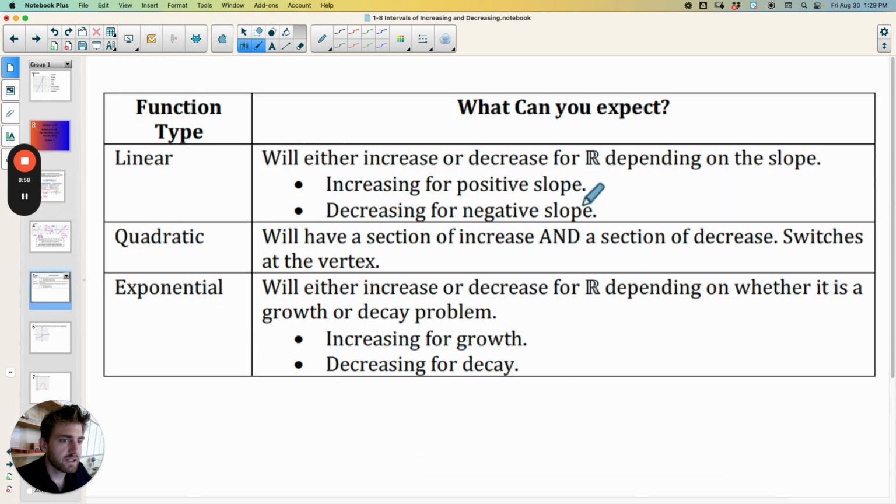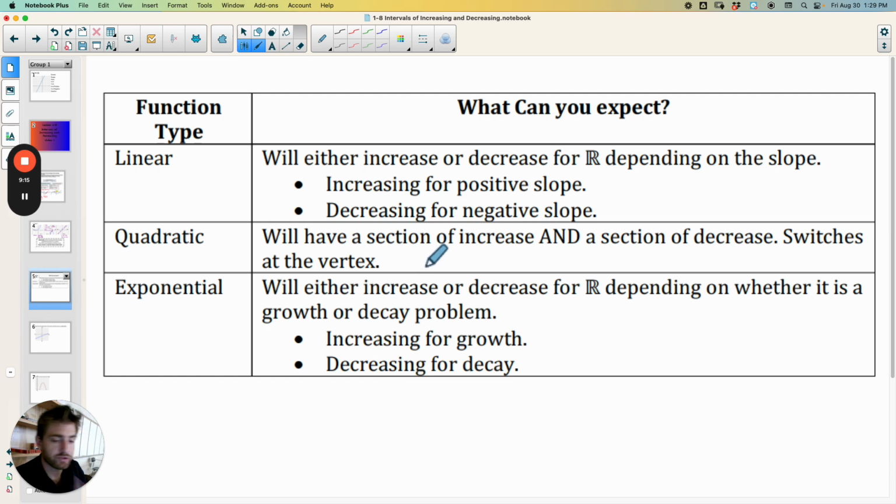Okay, and lastly, a couple things to talk about here. What can you expect? A linear function will always be increasing if there's a positive slope. It will always be decreasing if it's a negative slope. For a quadratic, there's two things that can happen.